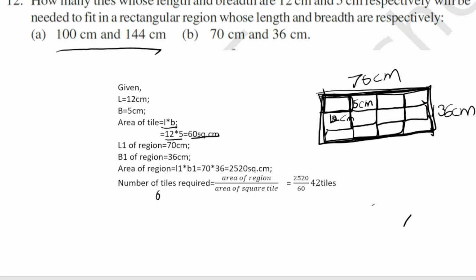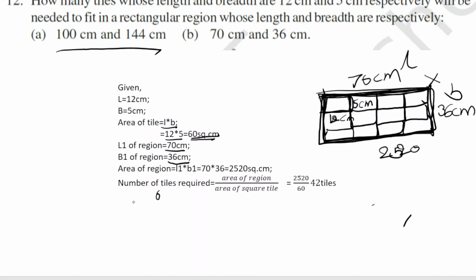So the area of the tile is 60 square centimeters, and the length of the region is 70 centimeters and the breadth of the region is 36 centimeters. Area of the region is equal to length into breadth, that is equal to 2520 square centimeters. This total area is 2520 square centimeters.